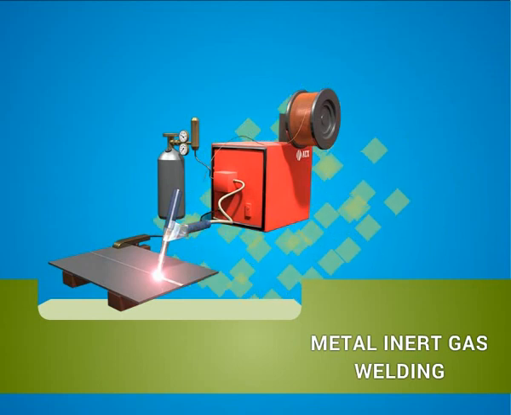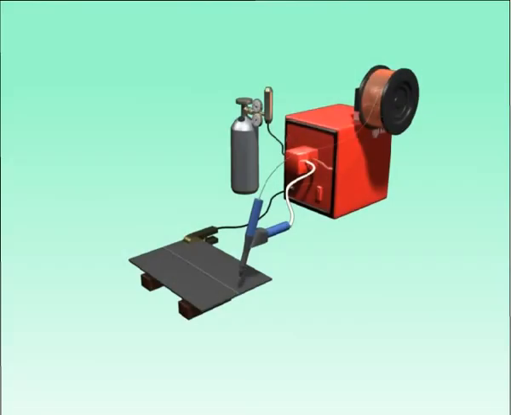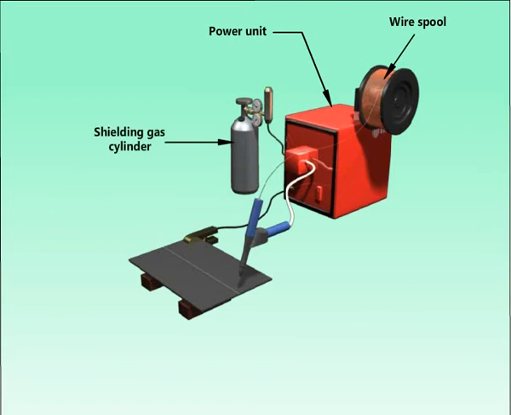Metal inert gas welding. Here we are going to see the function of metal inert gas welding. This process is also called gas metal arc welding. MIG welding consists of power unit, wire spool, shielding gas cylinder, shielding gas control unit.